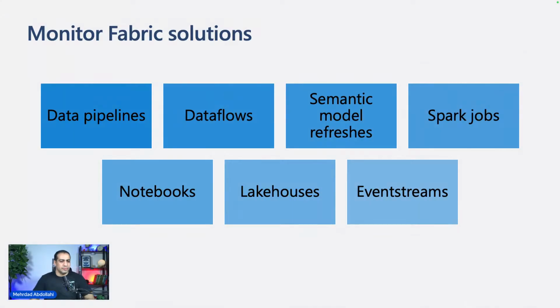In order to monitor Fabric solutions, there are different places and different items in Fabric that you can monitor, like data pipelines, where we have the orchestration of the tasks, to check whether the activities went well, or the dataflows where we read the data from source and do our ETL, or when we are refreshing our semantic model after some data refreshment, or the Spark job definitions that are up and running, or the scheduled notebooks, or the notebooks executed as part of the data pipeline or the Airflow.